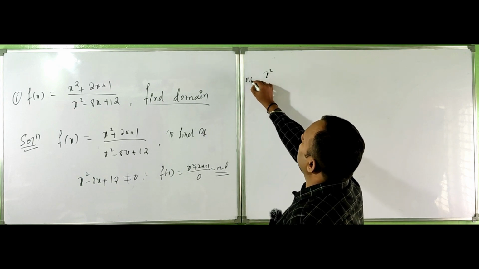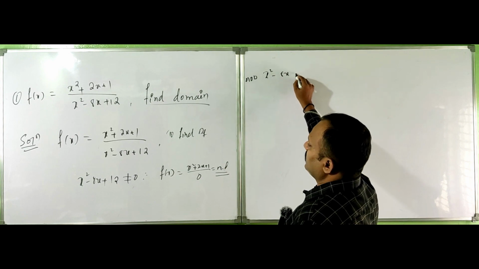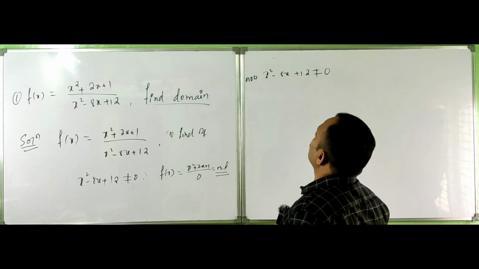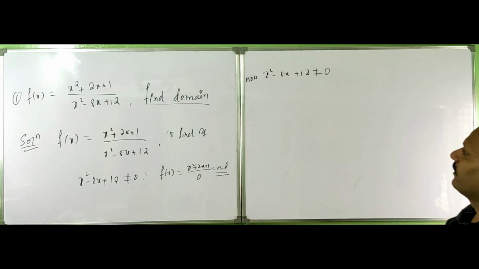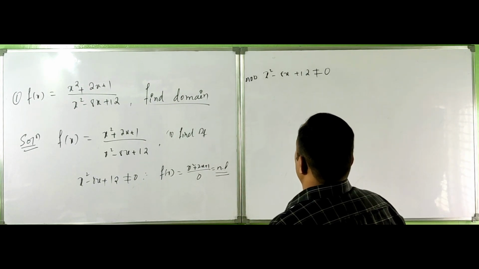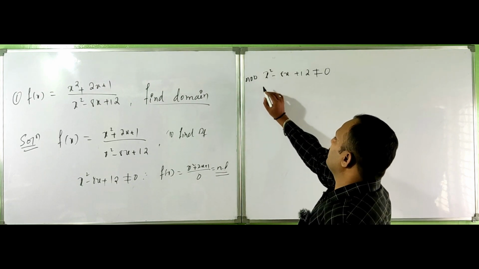Now x square minus 8x plus 12 not equal to 0, right? For x belongs to R you can take any values, but this expression must not be equal to 0.